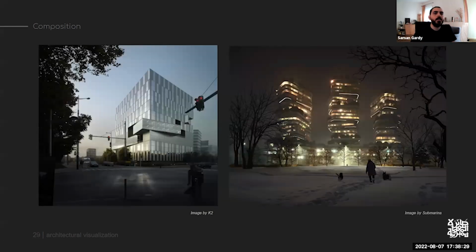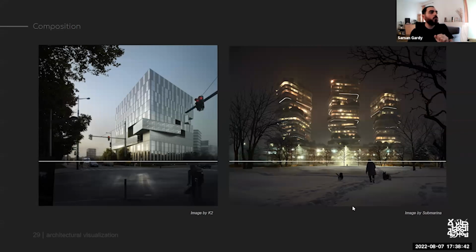And then horizon line, always keep in mind, keep the horizon line under 1/3 of the image. What do I mean by this? Here you can see in these two visualizations, on the right side and left side, the camera is exactly on the human eye.